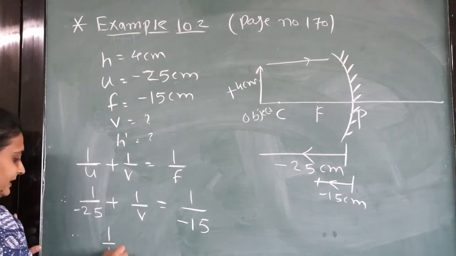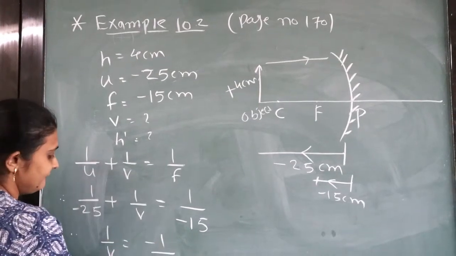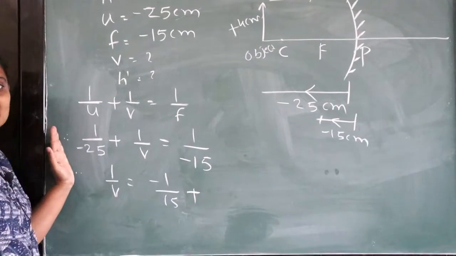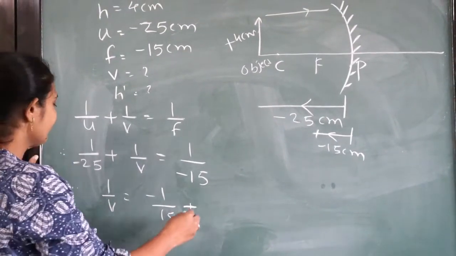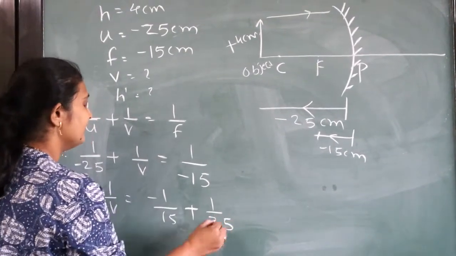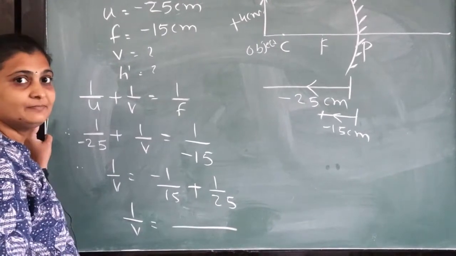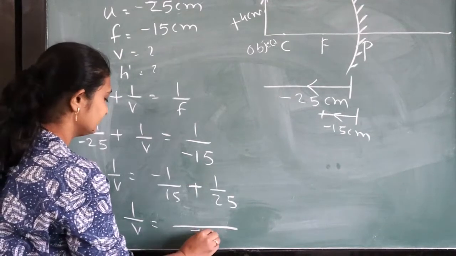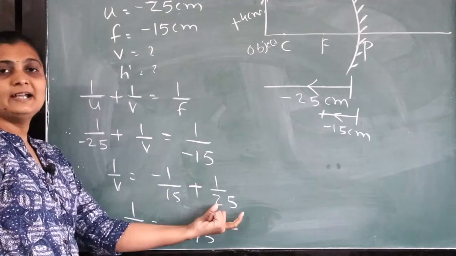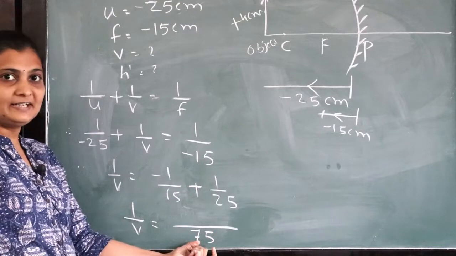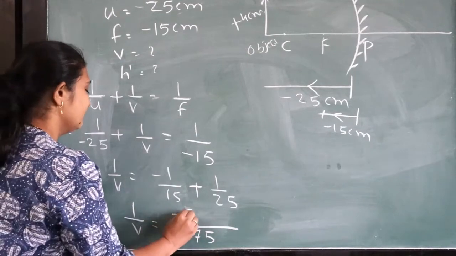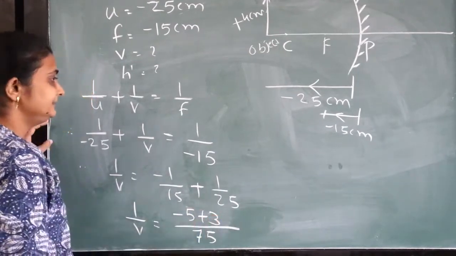Therefore 1 upon v is equal to minus 1 by 15 plus, this minus becomes plus, 1 upon 25. What is the LCM? 15 and 25 LCM is 75. Here minus 5 plus 3.